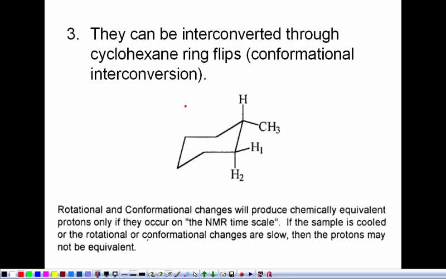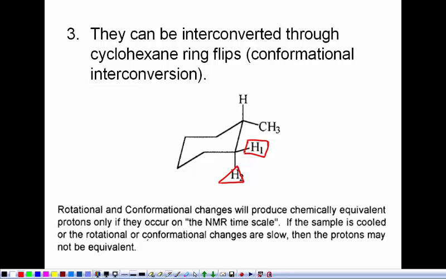And then the third is the idea not of symmetry, but of what's called conformational equivalence. Conformational equivalence is most often seen with cyclohexane rings. So let's say we have a cyclohexane ring like this, and we know that our equatorial hydrogen and our axial hydrogen might be in slightly different electronic environments.